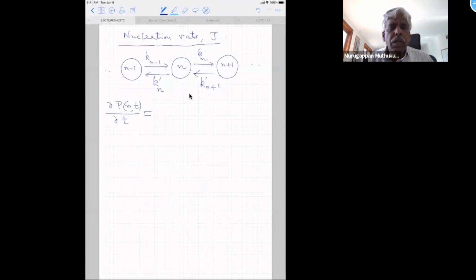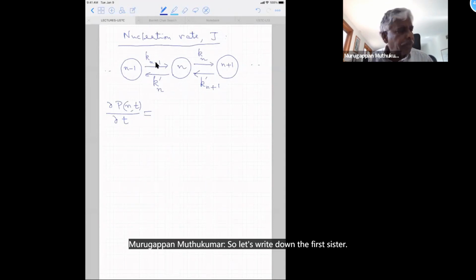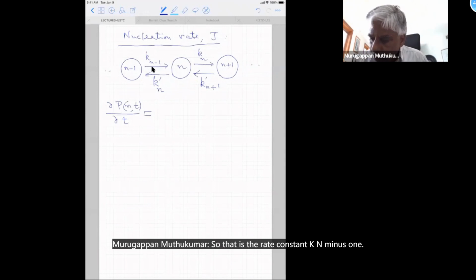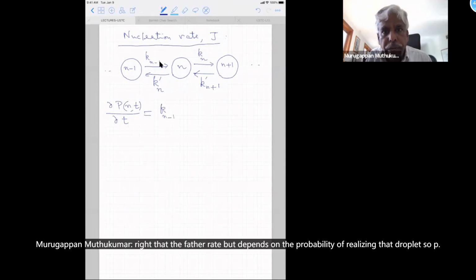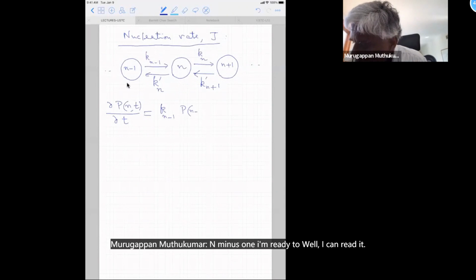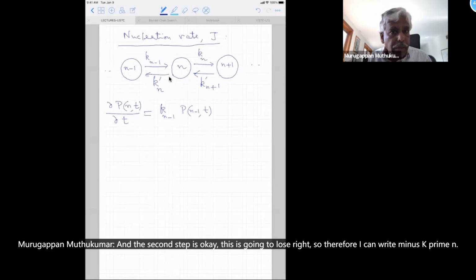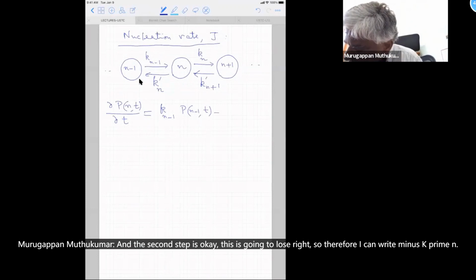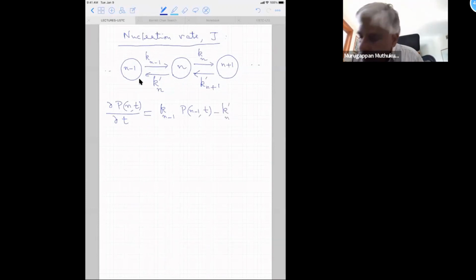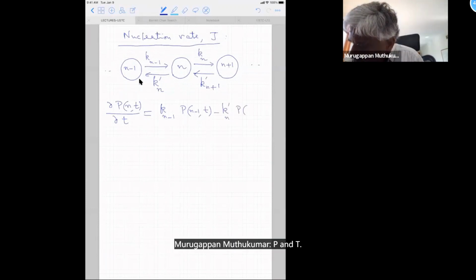So let's write down the first step. That is rate constant k, n minus 1, the forward rate, but it depends on the probability of realizing that droplet, so P, n minus 1. That's one step. And the second step is, this is going to lose, so I can write minus k prime n P n t.